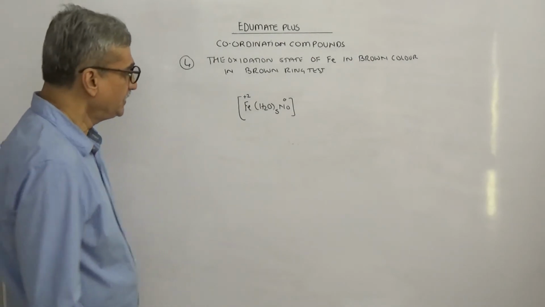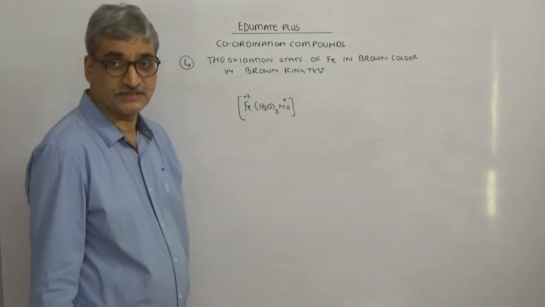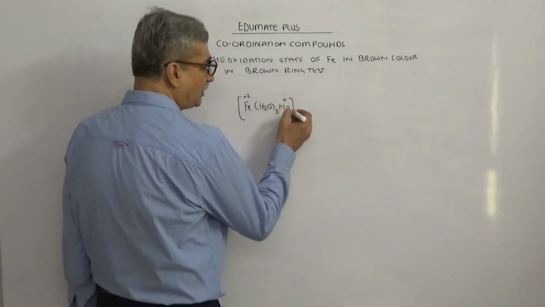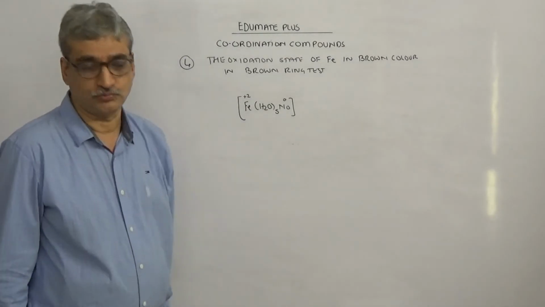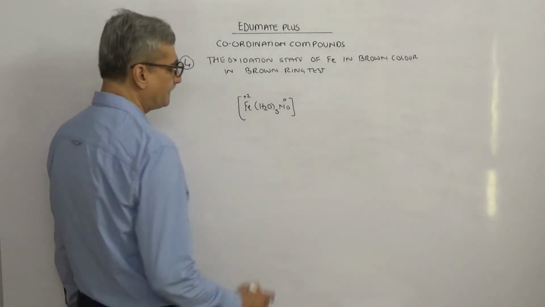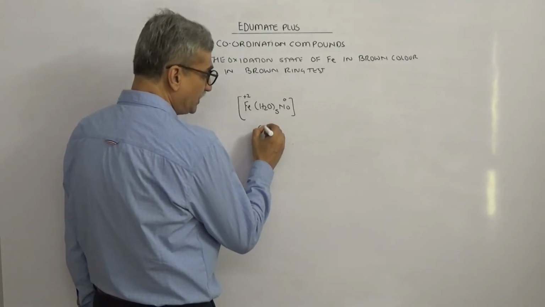Is this clear? So NO is nitrosyl, so you have pentaaquanitrosyliron(II). So this will be colorless.